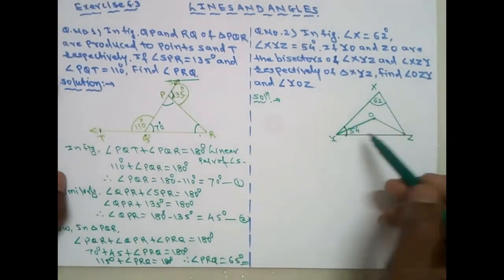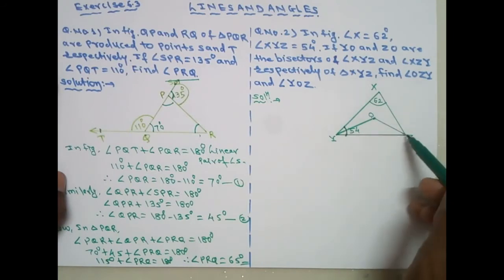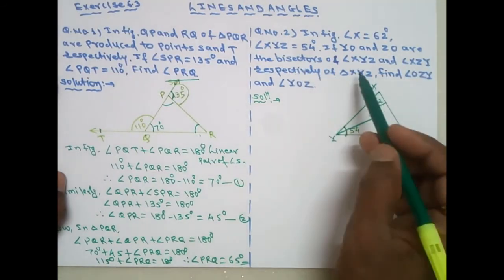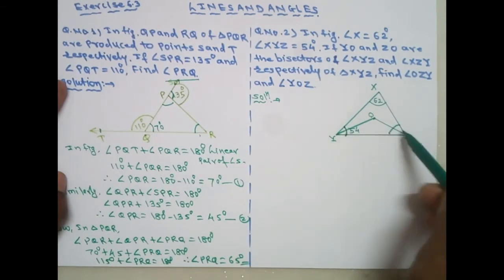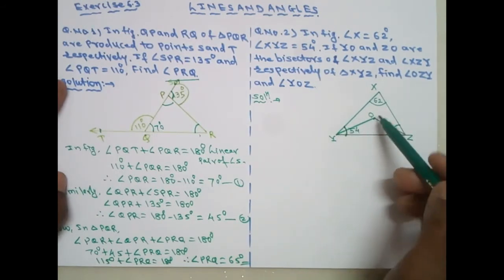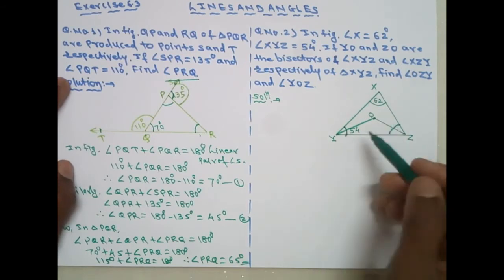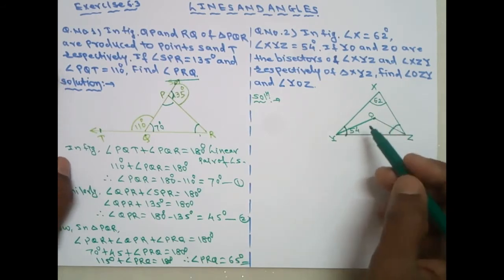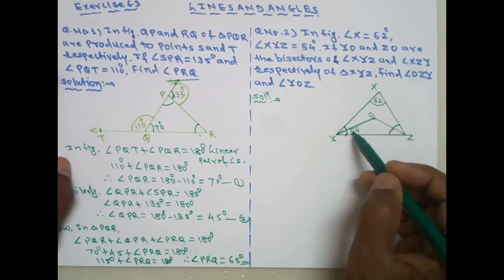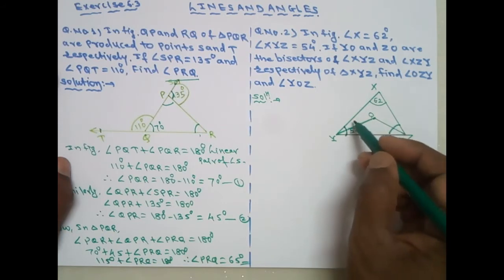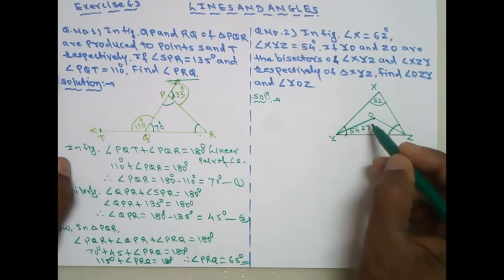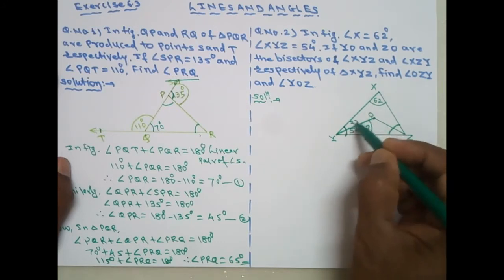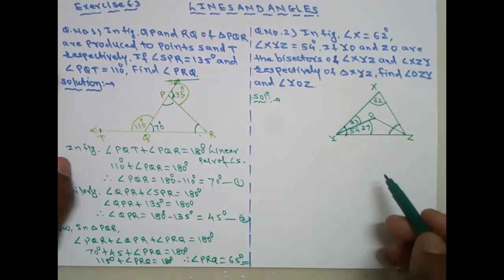If YO and ZO are the bisectors of XYZ, this angle and this angle, both of these are angle bisectors. You know the angle bisector divides the given angle in two equal parts. So as this is of 54, definitely half of this angle it will be of 27, this angle, and this will be of 27, right.